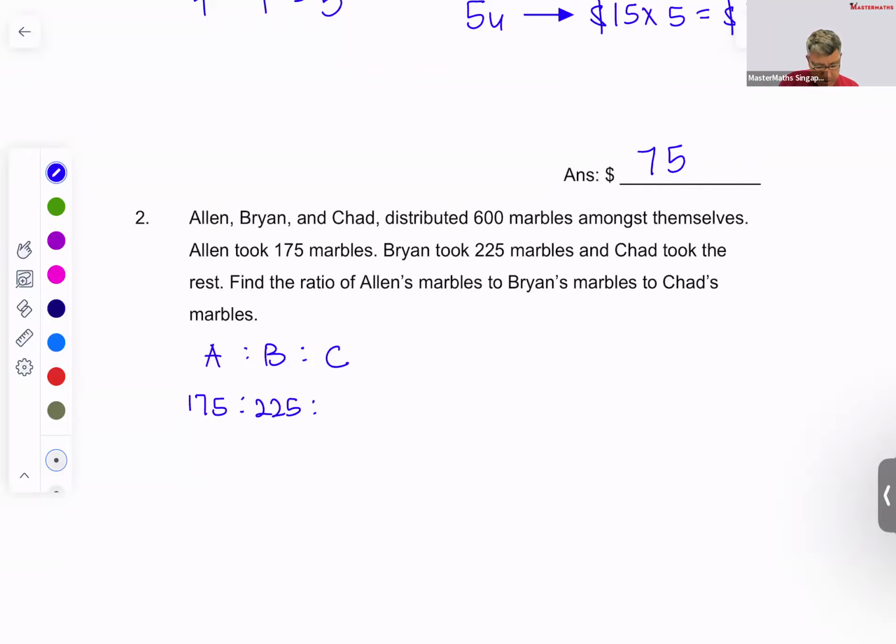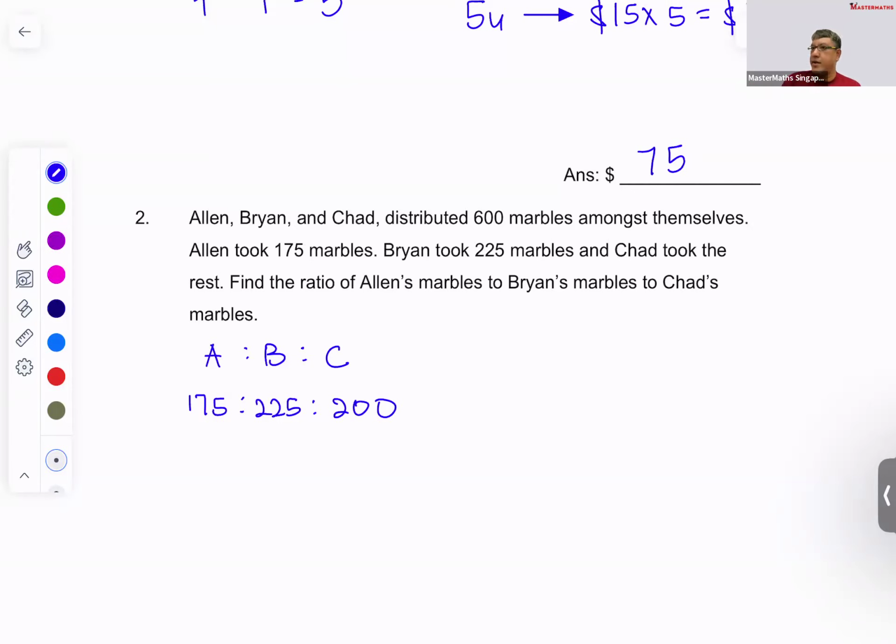Isn't it 200? Check. Two, 5. Then plus 175 is 400. So C must be 200, correct?